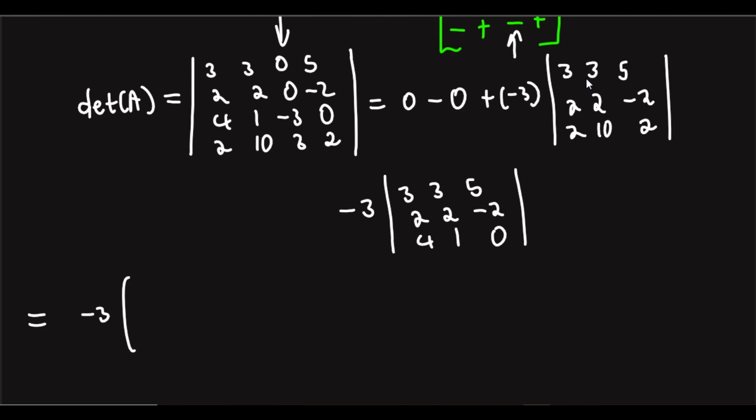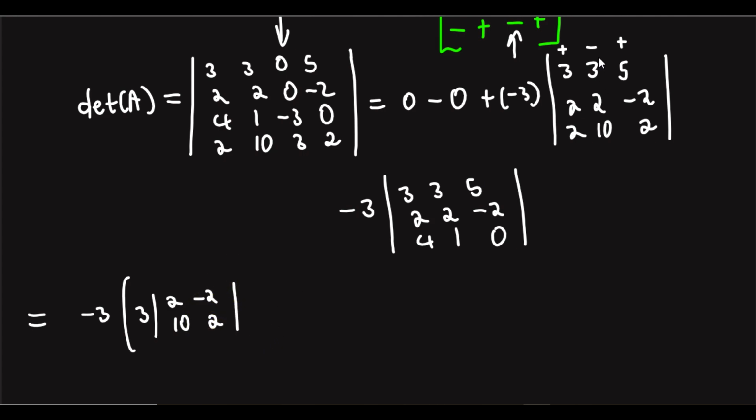So I can choose the first row. According to the checkerboard, the first row will be positive, negative, positive. If I choose the first row, it will be positive 3 into, I will block this one, then I'll have 2, negative 2, 10 and 2.